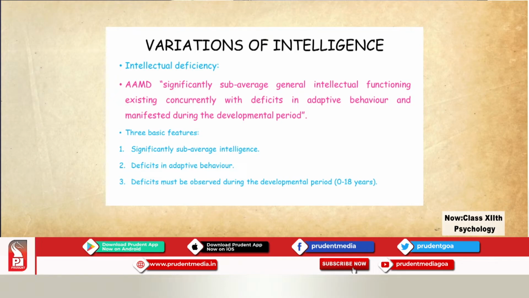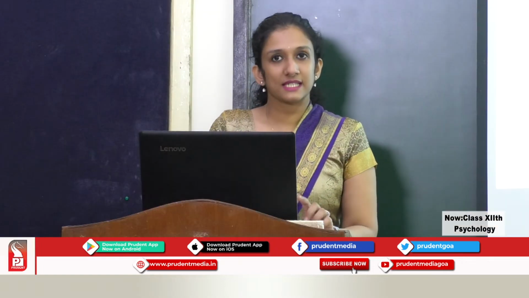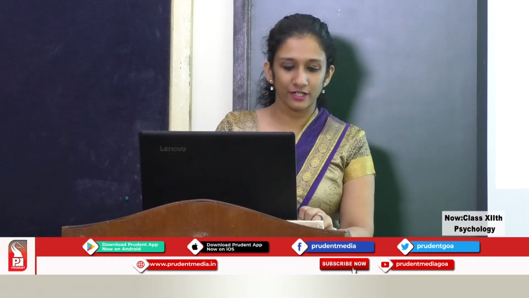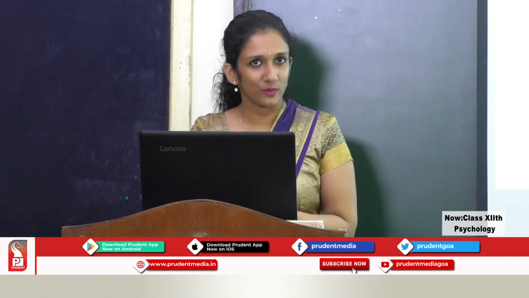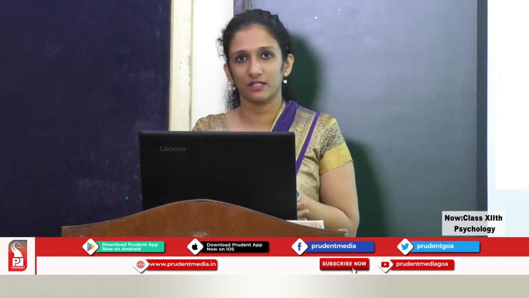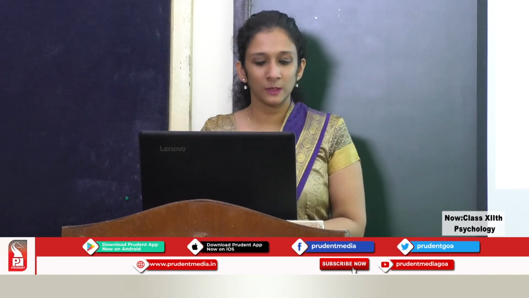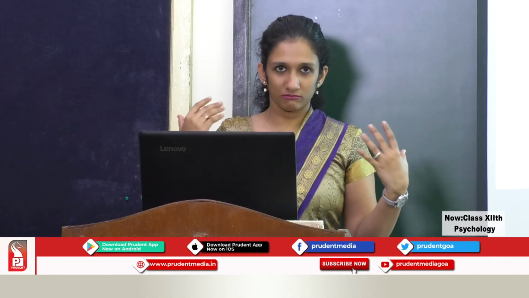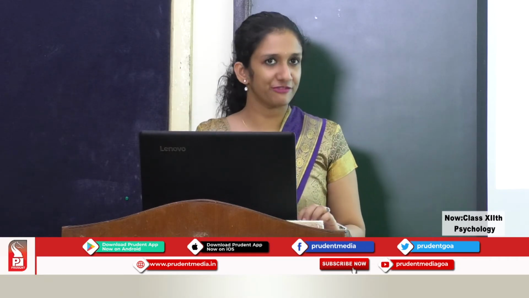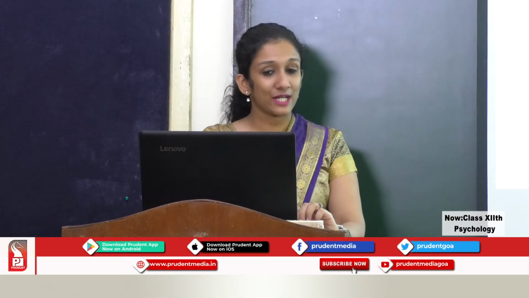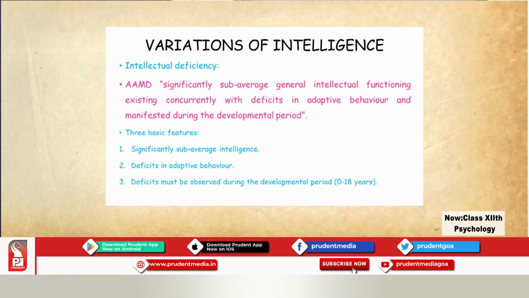Second point, deficits in adaptive behavior. What does that mean? That the person's capacity to be independent and to deal effectively with the environment is a little difficult. He or she may not be entirely independent or may not be able to deal with the things happening around very effectively. And the third point is that deficits must be observed during the developmental period.